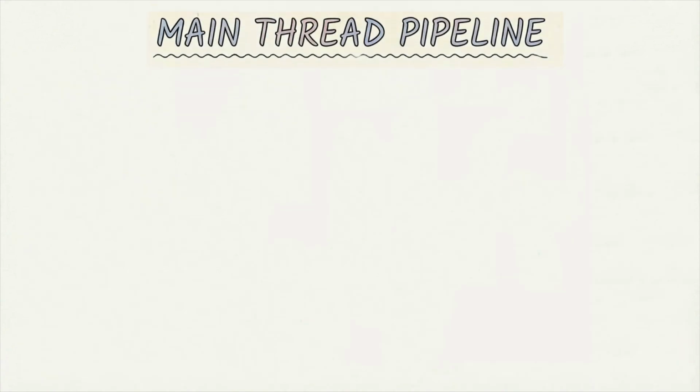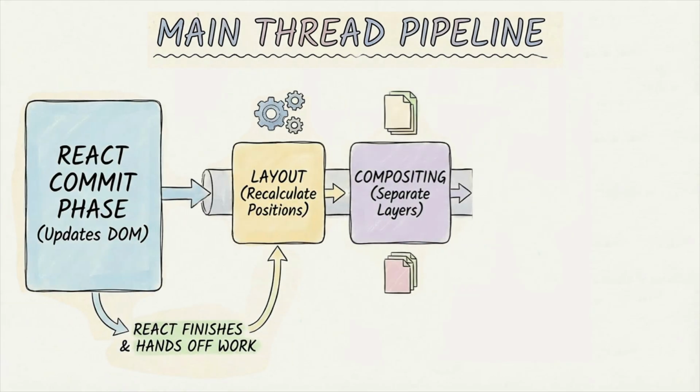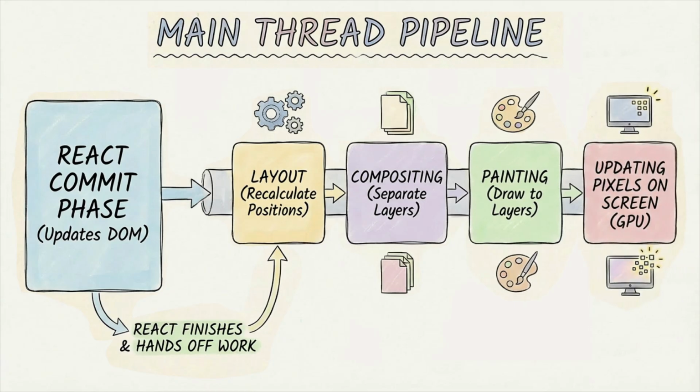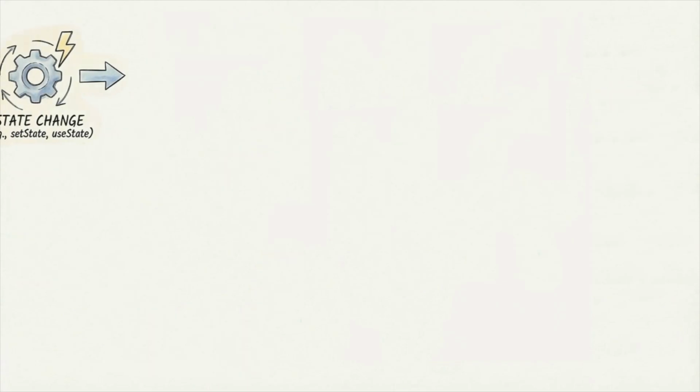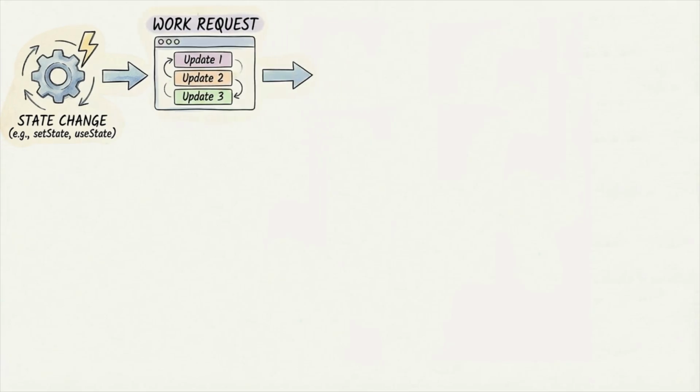Once React finishes the commit phase, the browser handles layout, compositing, and painting. And your UI updates on the screen. And remember, all of this happens in a fraction of a second. So when someone says React re-renders, it's not just calling your component again.